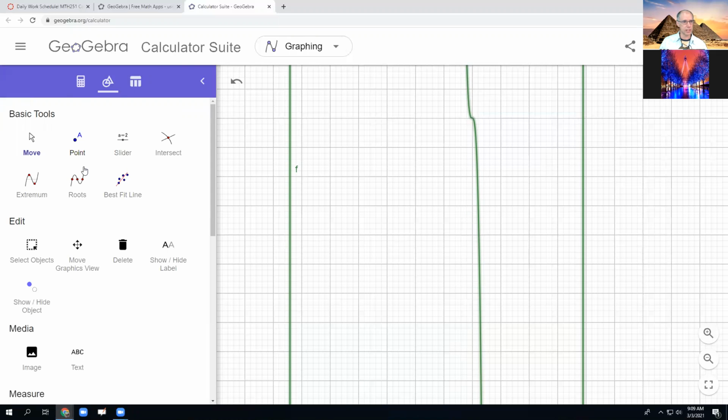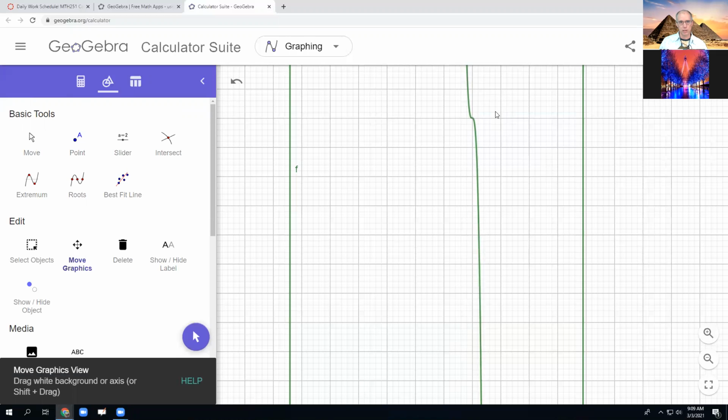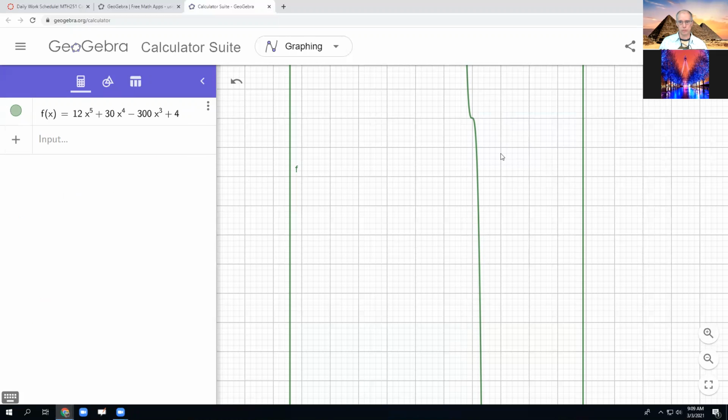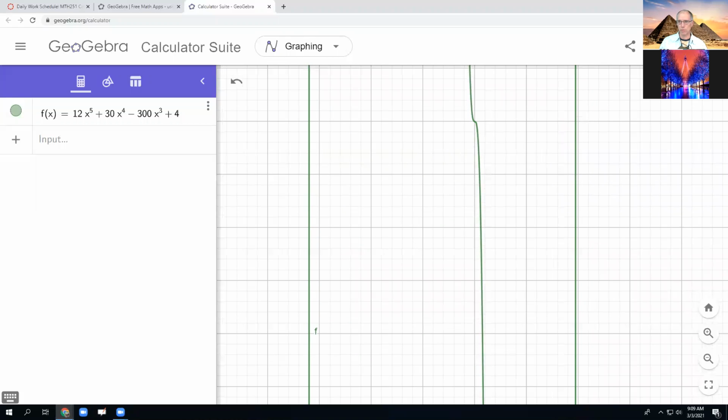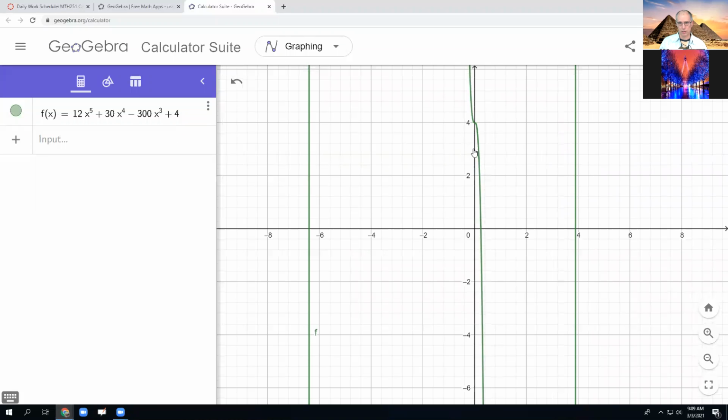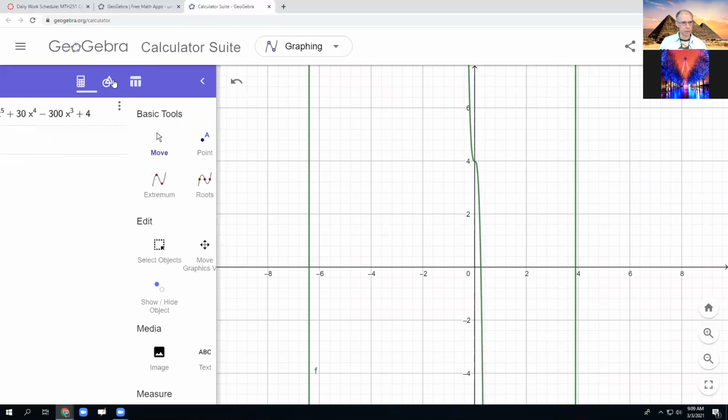So I am going to rescale. Let's see, where did my x-axis go? Oh, I must have accidentally turned it off when I went in here. There we go. All right, so rescaling. Here's my rescale button.